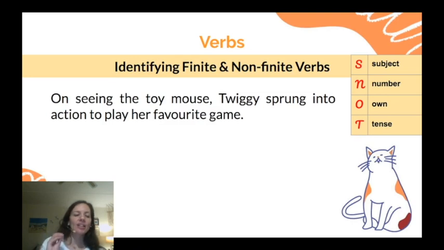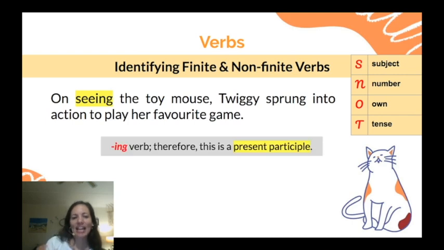So let's look at this example. "On seeing the toy mouse, Twiggy sprung into action to play her favorite game." Now we're going to look for the non-finite and finite verbs. The first verb we're going to look at is, of course, seeing. With seeing, can you remember what that fell into? Was that finite or non-finite?